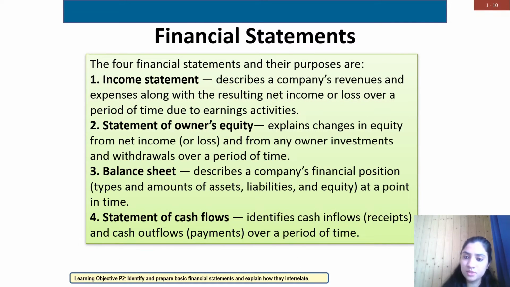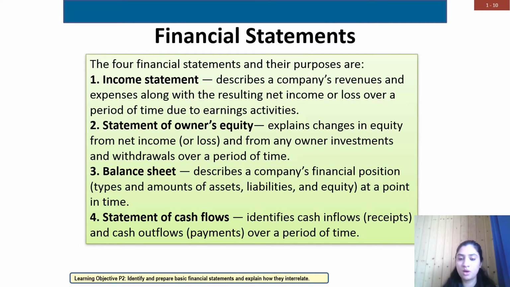Okay, so the income statement tells us how much revenue we have earned and how much expenses we have made, including taxes and other expenses. After going through that, we see what our net income is, whether we are gaining or losing. Another one is the statement of owner's equity.